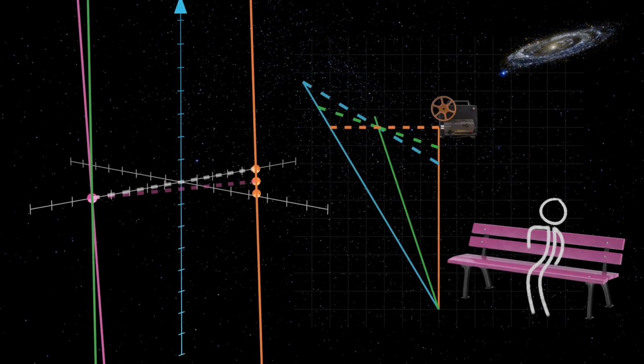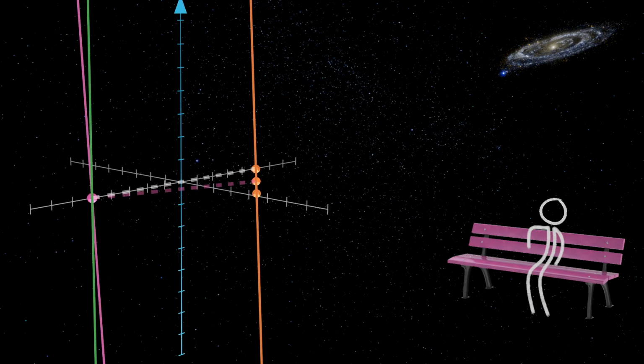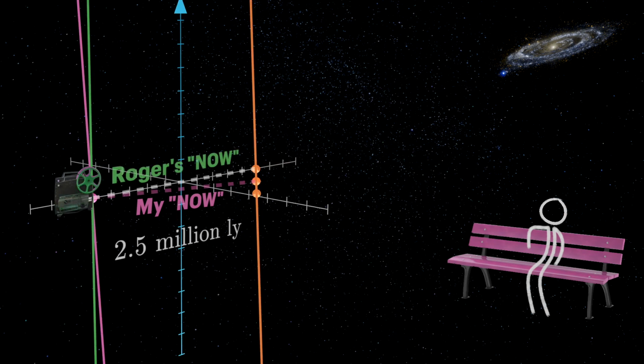But what have we learned about projecting our now to some faraway location? The key here is that the discrepancy only comes about because we are projecting now from a different inertial frame over a massive distance. But that now isn't real.